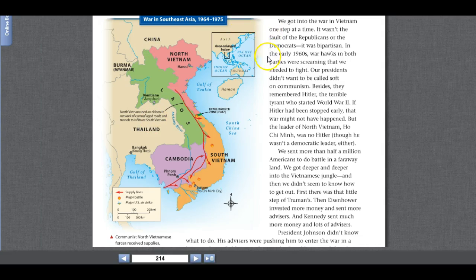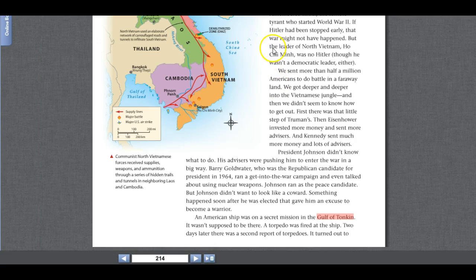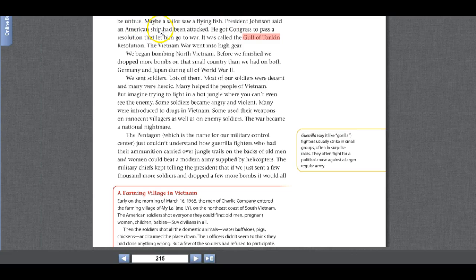All right, and as I keep reading, I'm going to read about President Johnson and going to war. We read about an American ship was on a secret mission in the Gulf of Tonkin, and it wasn't supposed to be there, and a torpedo was fired at the ship. 2 days later, there was a second report of torpedoes. It turned out to be untrue.